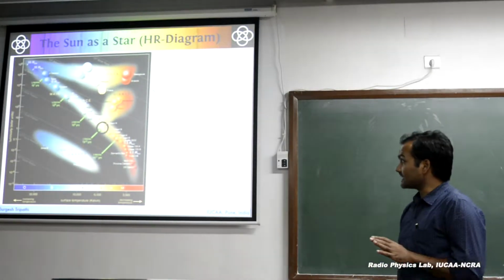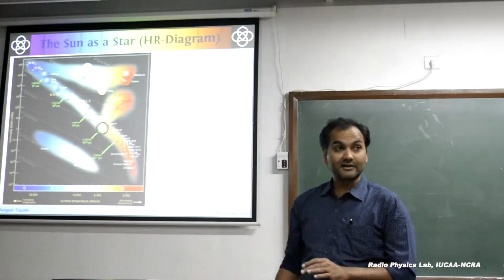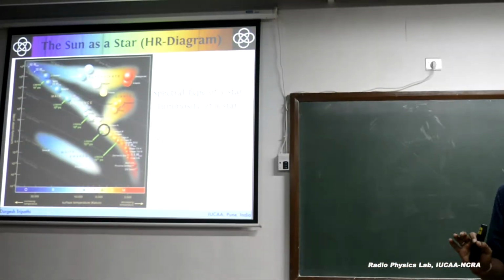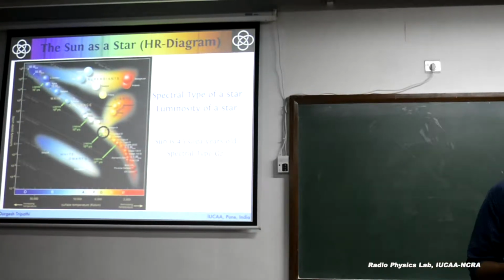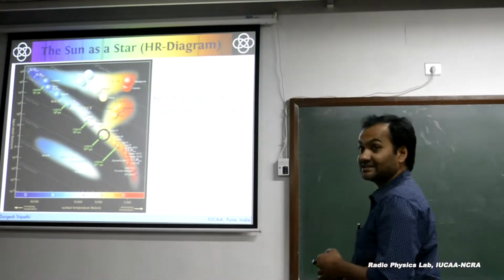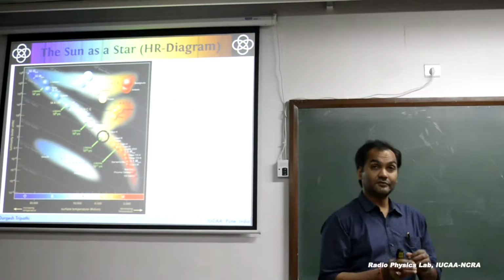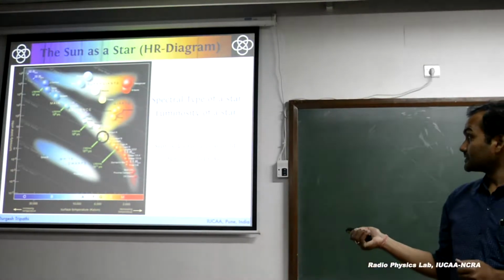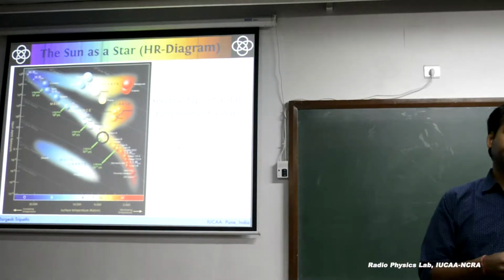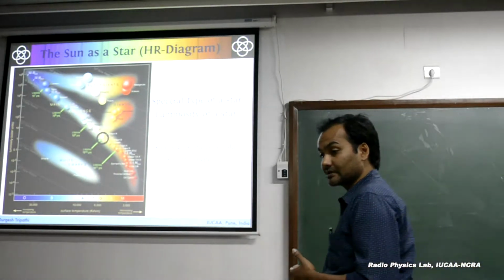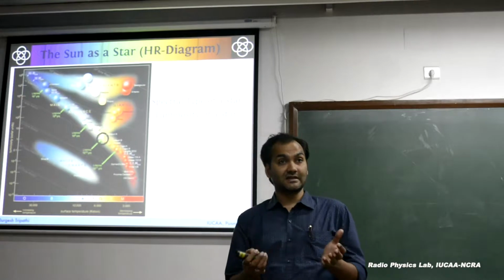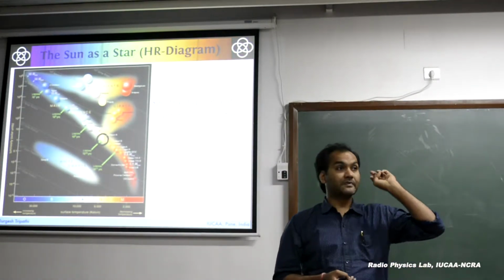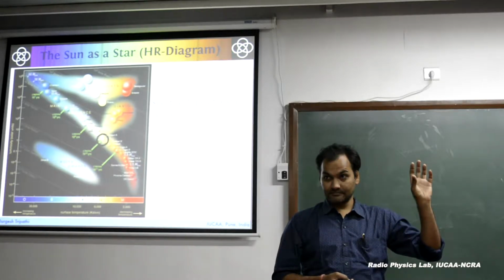What I am showing is that the sun is nothing but just a star which is following the simple main sequence. It's the nearest star, so you see it in its glory details. You might not have seen it, but I will try to show you some things. And so if you want to understand all these stars, it's good to combine what you have learned from the sun and see if you can extrapolate, because any star you look at in the sky will look like a point source, right?